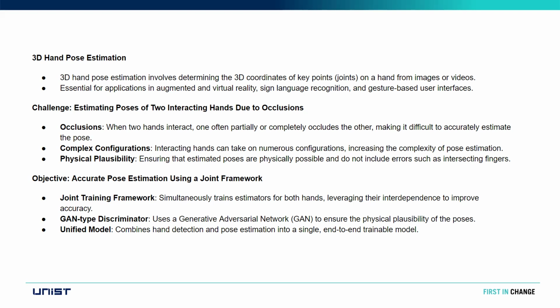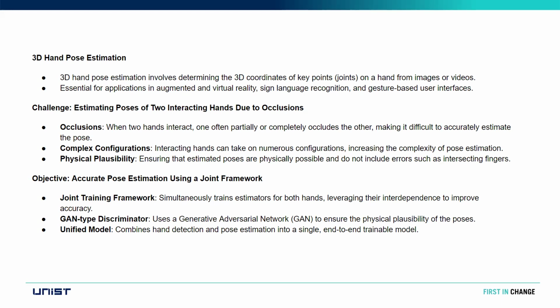Then there is physical plausibility. Sometimes the model detects, and when you visualize it, you get intersecting fingers or something which is not physically possible. So these are the challenges on 3D pose estimation.